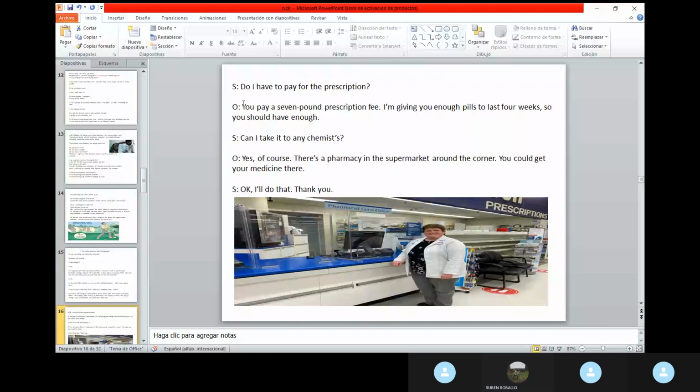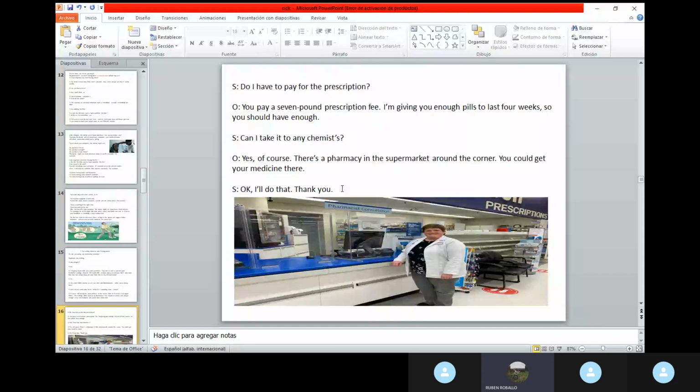Do I have to pay for the prescription? You pay a £7 prescription fee. I'm giving you enough pills for 4 weeks, so you should have enough.